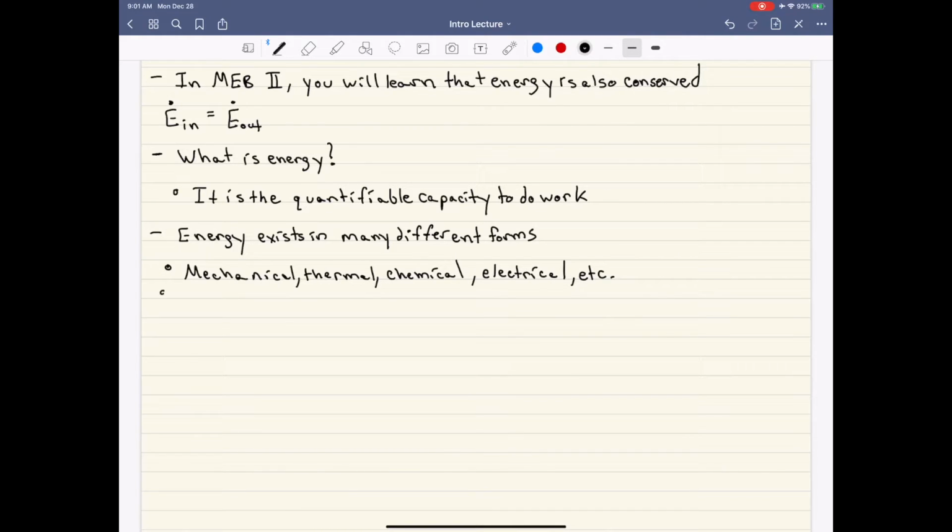Essentially, though, you could associate any form of energy with movement. With mechanical energy, you could think about the movement of pistons or motors and rotors.